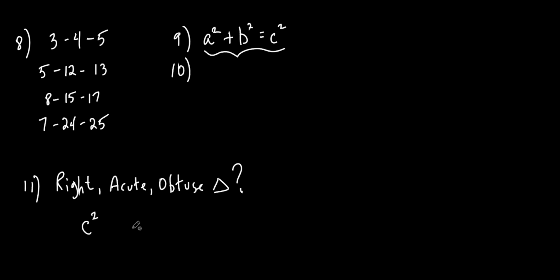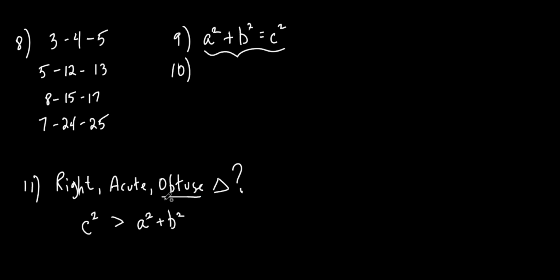I would take the c squared and then compare that to the a squared plus b squared. So if it's equal, what kind of triangle is it? It's a right triangle. If c squared is less than, then it's an acute triangle. And if c squared is greater than, then it's an obtuse triangle, all right?